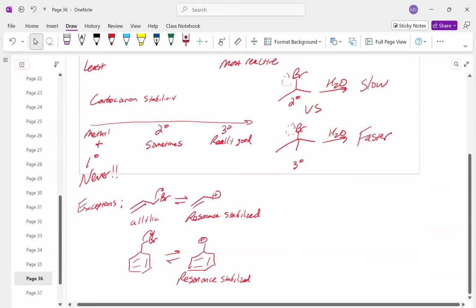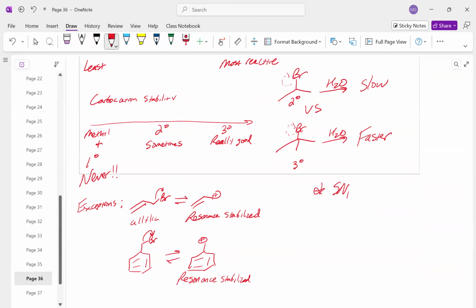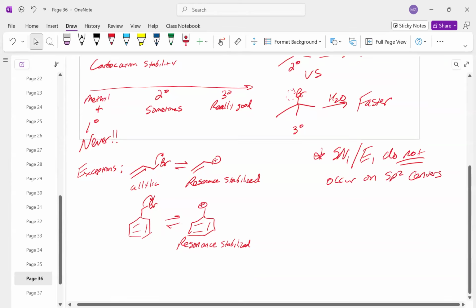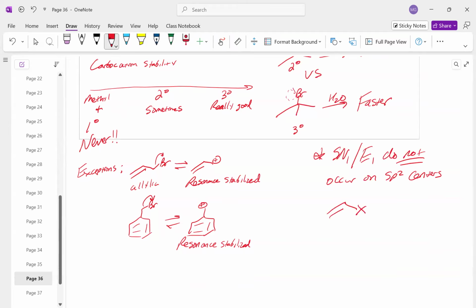Now, one other important aspect I want to talk about with substrate is that SN1 and E1 do not occur on sp2 centers. So for example, if the leaving group is on an sp2 carbon, no SN1 or E1 occurs.